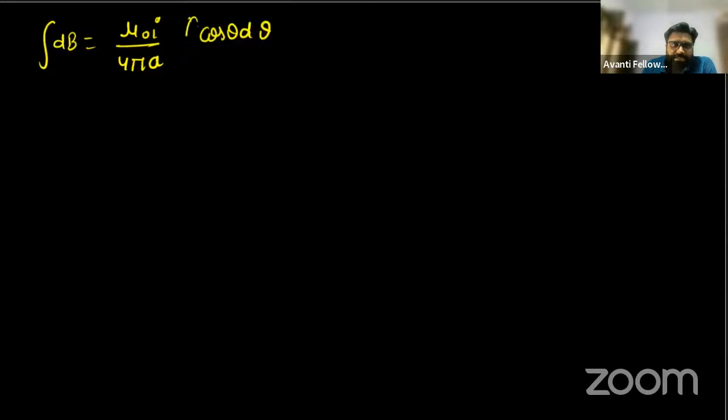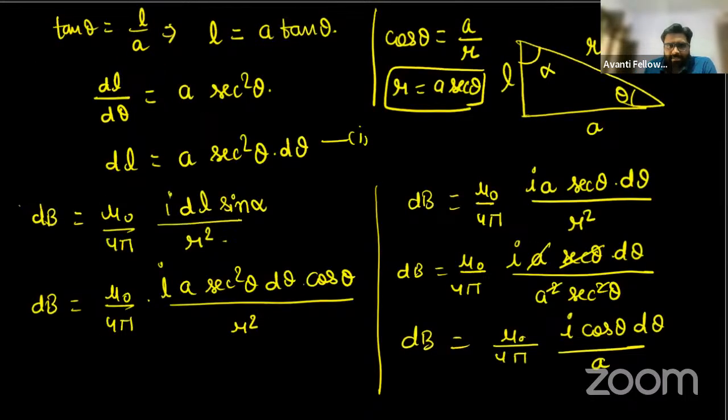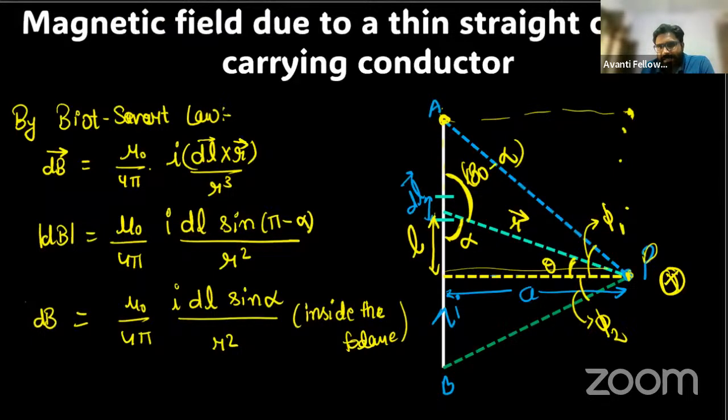Now you integrate this term. What is the limiting value of theta? Theta can go up to phi 1 on one side and up to phi 2 on the lower side. On the lower side you have to move anti-clockwise, and to measure this angle you have to move in the clockwise sense. Clockwise sense we will take positive, anti-clockwise sense we will take negative.